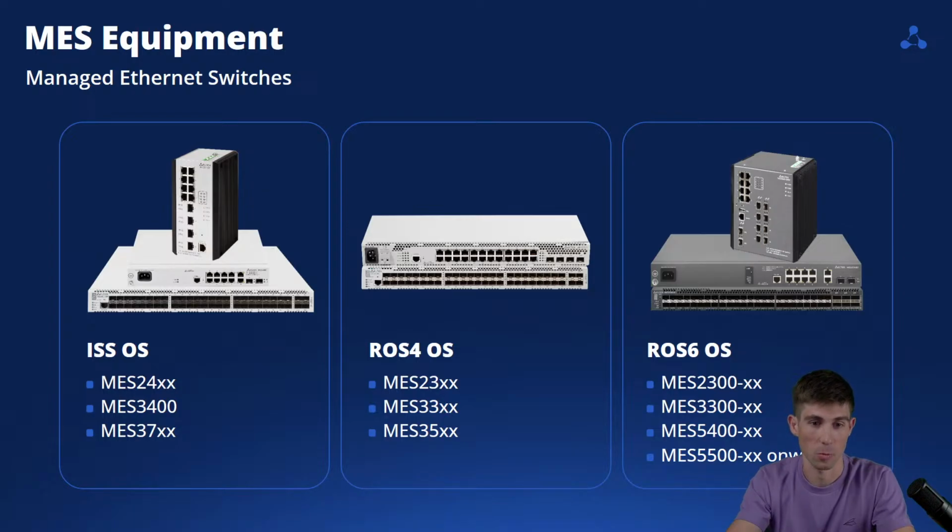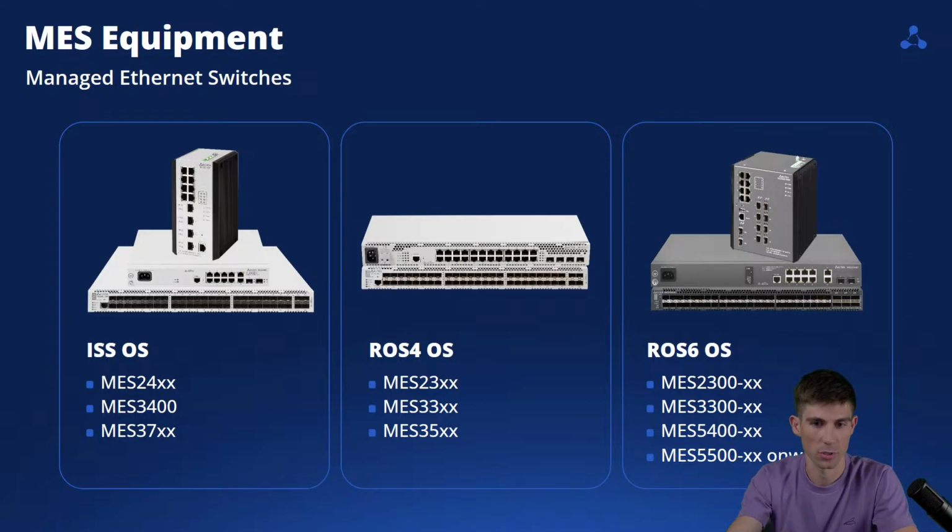And then at some point, a few years ago, we developed a new version of the operating system, ROS6, and rather than upgrading existing MES switches, we decided to introduce a new line of equipment with this operating system on board, and we also changed the naming. So right now we have three different operating systems. I hope it's not too confusing.